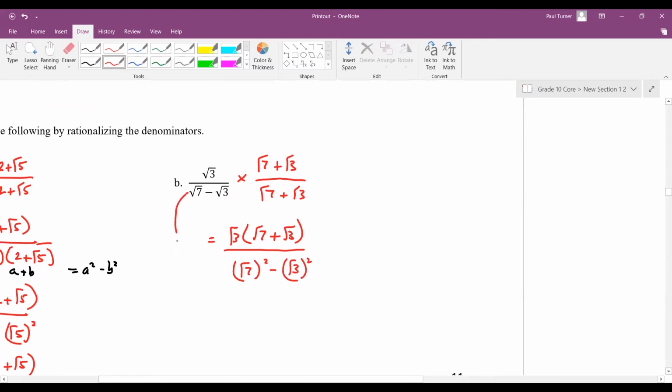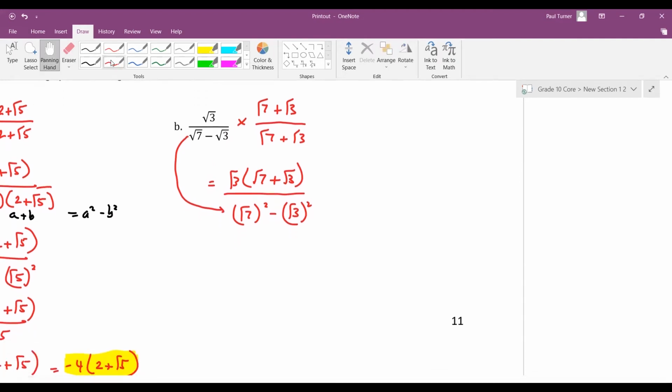Okay, so just convert that using your difference of squares rule from grade 9. And then we end up with root 3. Let's just leave it like that for now. See what happens. Root 7 minus root 3 plus root 3. And root 7 squared is 7 minus root 3 squared is 3.